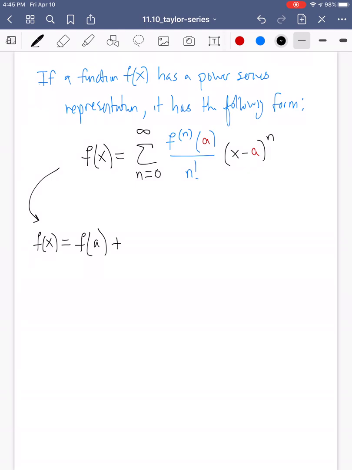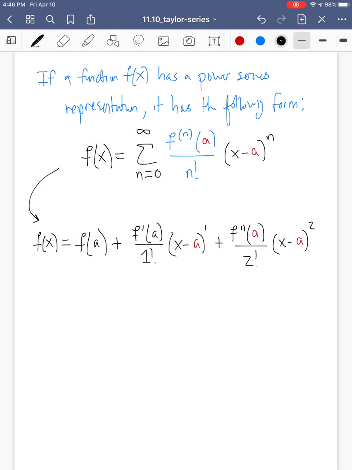The second term is f prime at a, all over 1 factorial, times x minus a to the first power. When n is equal to 2, we take the second derivative of the function evaluated at a, divide by 2 factorial, and multiply by x minus a squared.